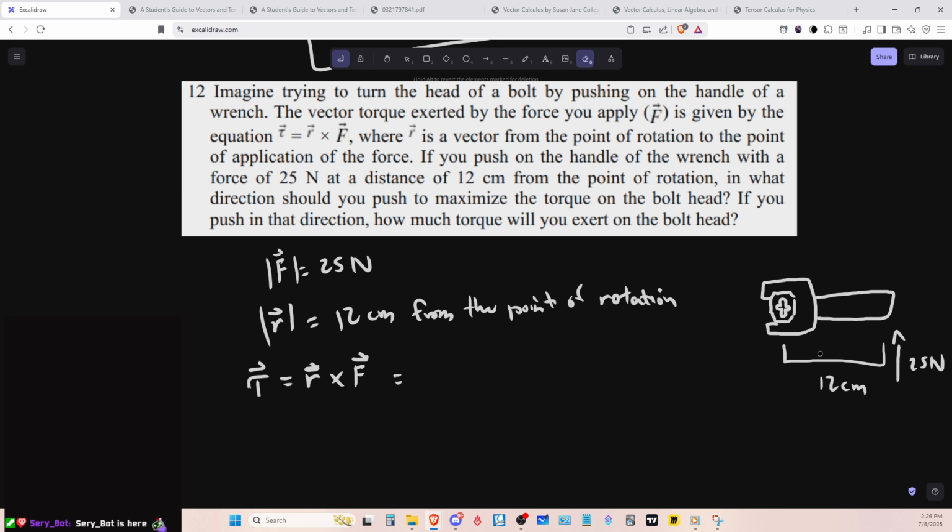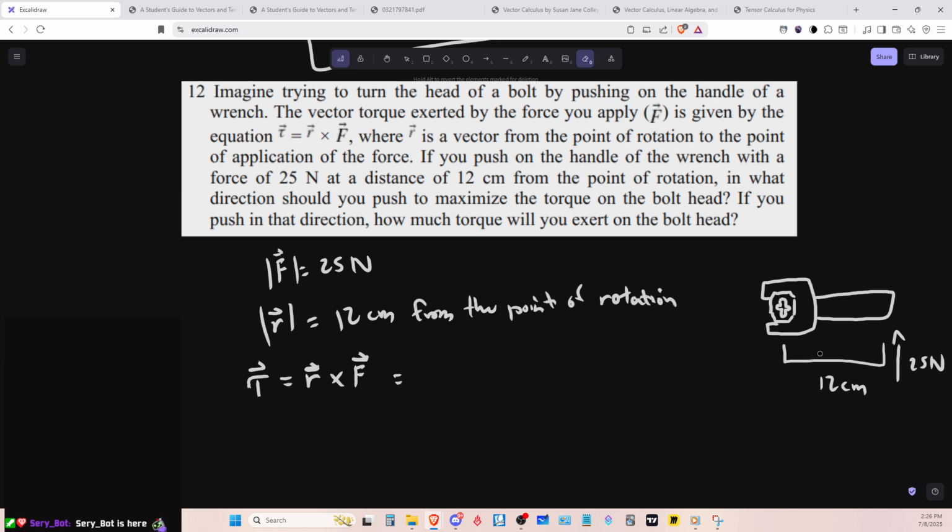If you push in that direction, how much torque will you exert on the bolt head? Well, I got this expression from an online physics course that I was learning from way back. They say righty-tighty, lefty-loosey. So I usually go by that rule.